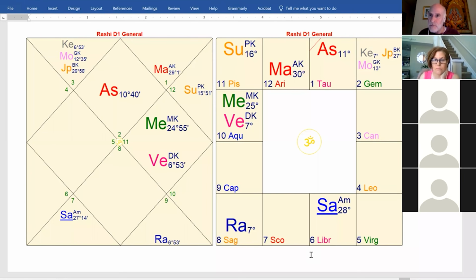But then one more subtle point: whose nakshatra is Rahu in? Mula, so ruled by Ketu, who's both the moon, the third lord, and Jupiter, the 11th lord.